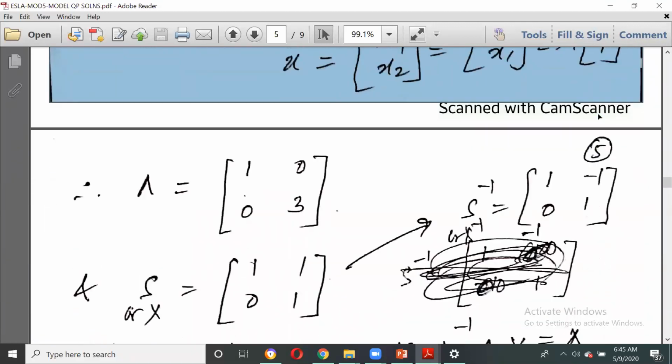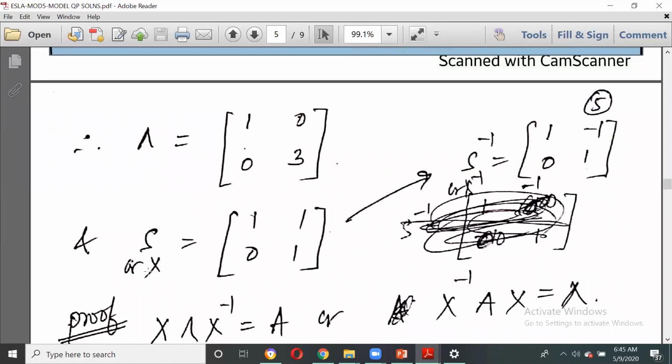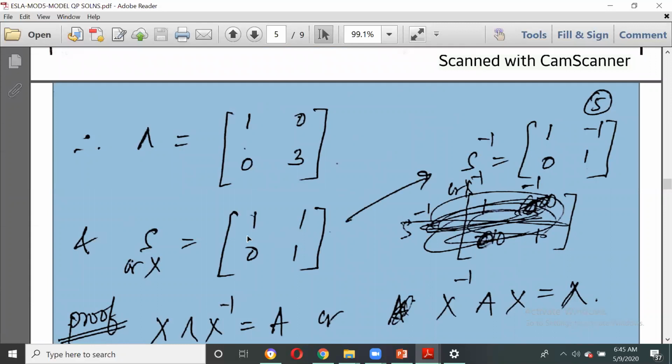So the same thing is written here. Having found that, we need to find the S inverse, and that will give us [1 -1] and [0 1].